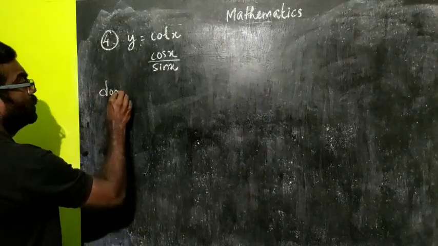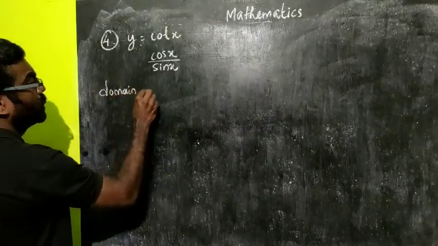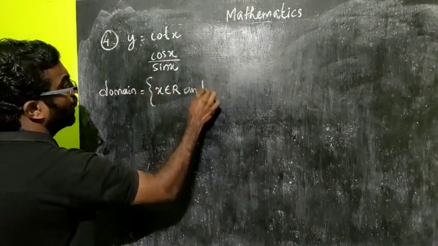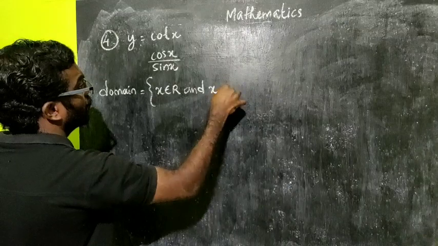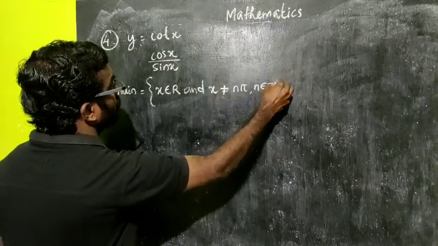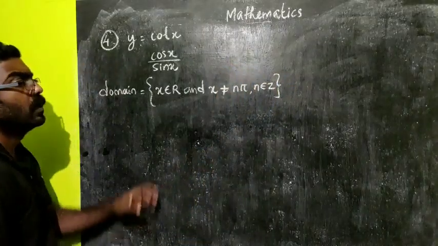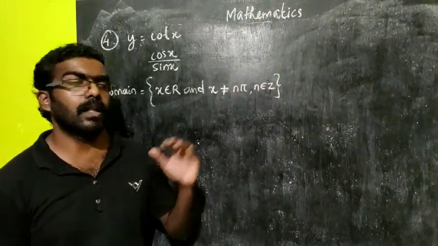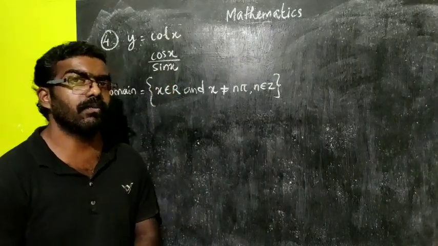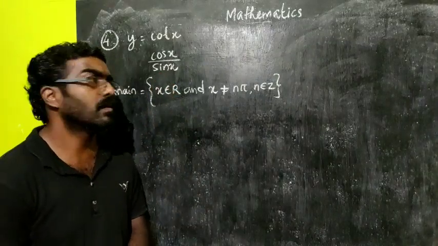So here the domain is the set of all real numbers x belongs to R and x is not equal to n pi, where n belongs to Z. If x equal to n pi, then the denominator of the fraction becomes 0 and the function is not defined at that point. Clear?